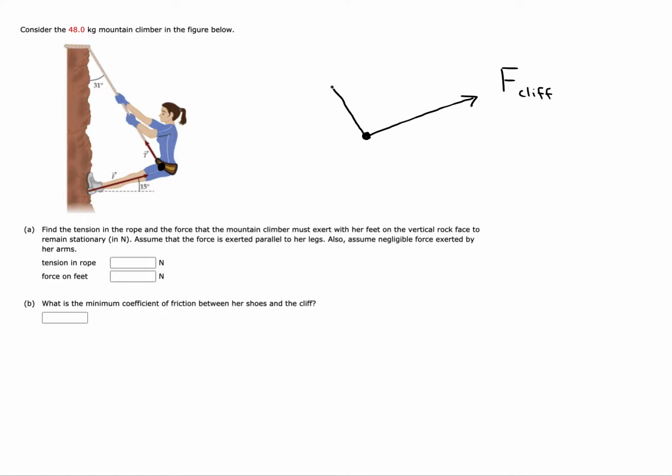We've got some kind of tension force here, which they're calling T. And one that's not shown is her own weight, which could be something like that. I'll just call it W. Alright, so it would be great to resolve these forces into components.